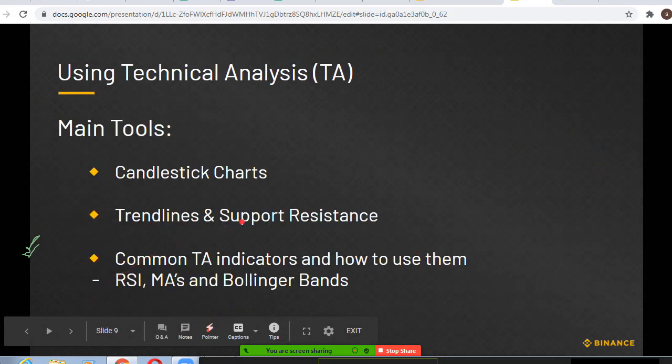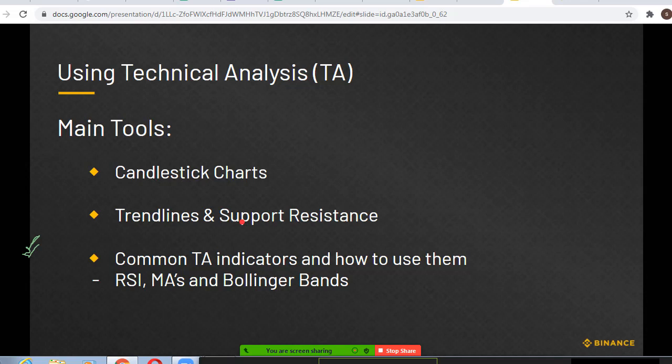All right, so using technical analysis. Now, the main tool in technical analysis is the candlestick charts. Look at trend lines and support and resistance levels. Common technical indicators in the cryptocurrency markets, and how to use them: RSI, moving averages, and the Bollinger Bands.